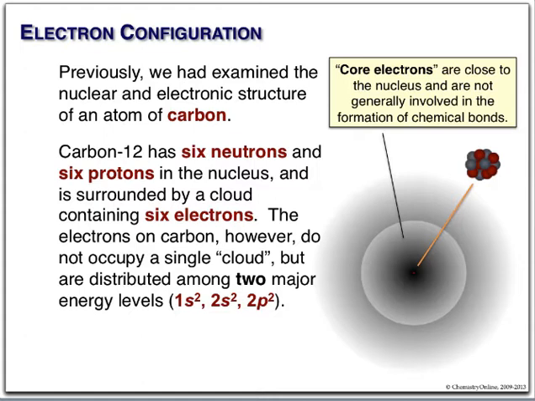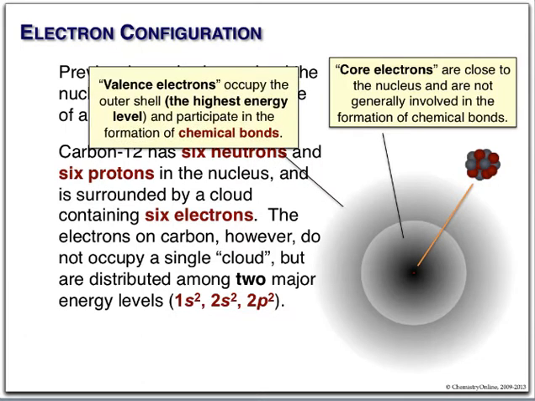They're there, but they're not involved in the formation of chemical bonds. The electrons in the highest energy levels, however, are the ones that we use for bonding. These are called the valence electrons. For carbon, we have 4 electrons in our valence shell.